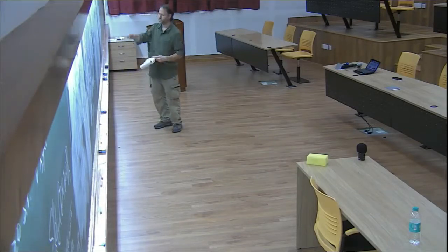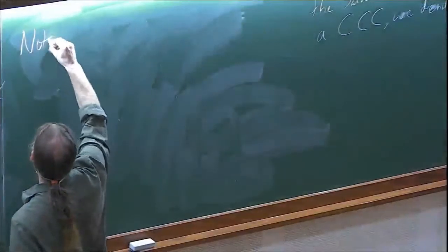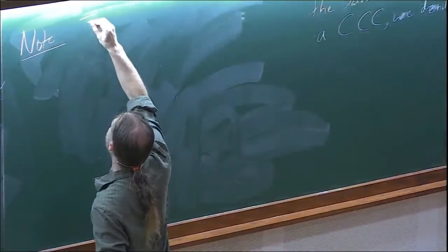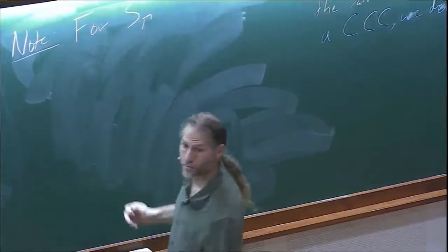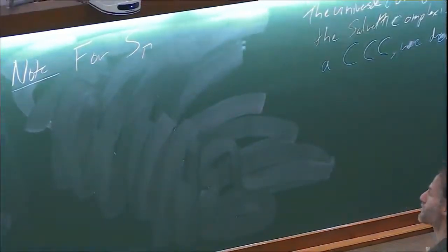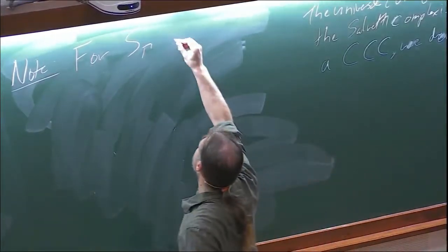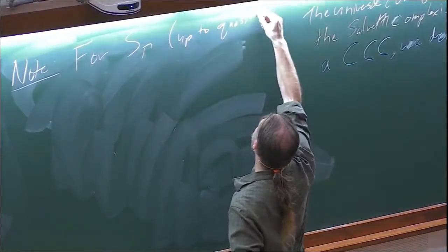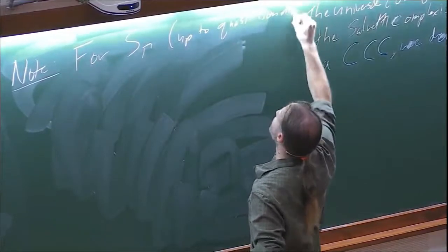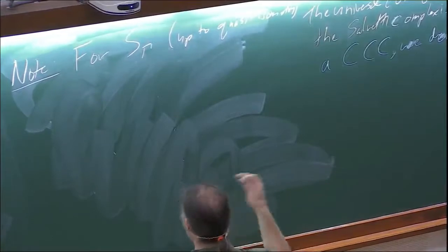Let me say what this is in the right-angled Artin group case. For S sub gamma, the Salvetti complex of the right-angled Artin group associated to gamma, up to quasi-isometry you can get the exact same thing in the following way.